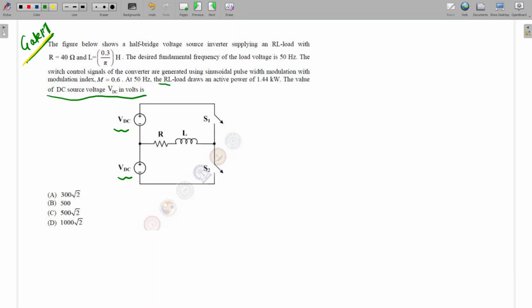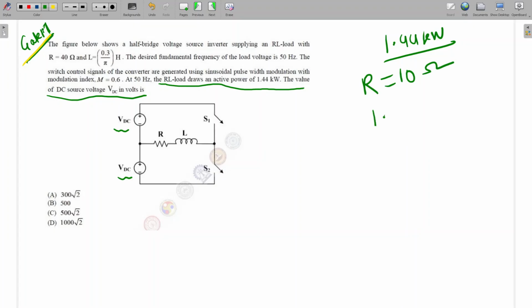The RL load is drawing a power of 1.44 kilowatt. R is equal to 40 ohm, L is equal to 0.3 by 5 Henry, and the fundamental frequency is 50 Hz. The switches of the converter use SPWM with modulation index MA equal to 0.6.